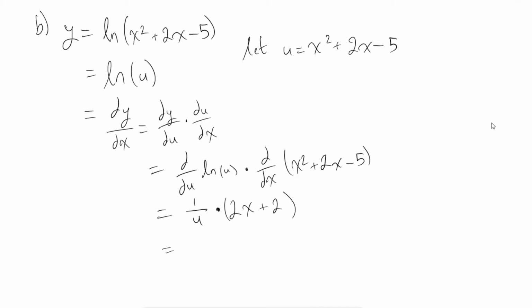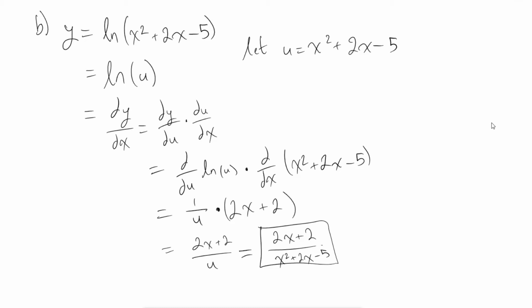That is the same as 2x plus 2 over u, but we've got to put our u back in. So that is the same as 2x plus 2 divided by x squared plus 2x minus 5. And that's going to be our answer. In the textbook they factor out the 2, but it's fine the way it is right there. And that's example number 1.